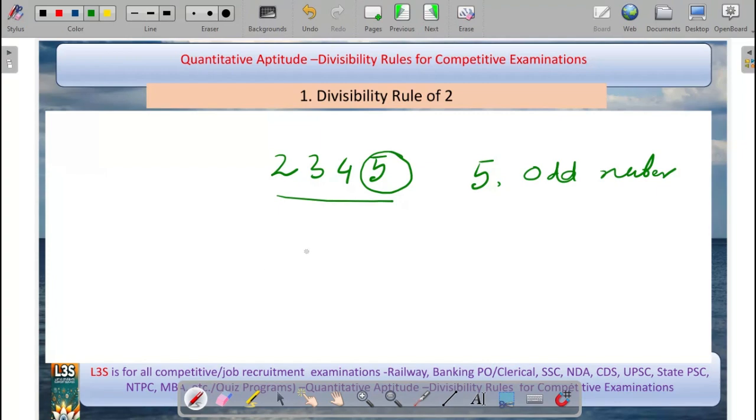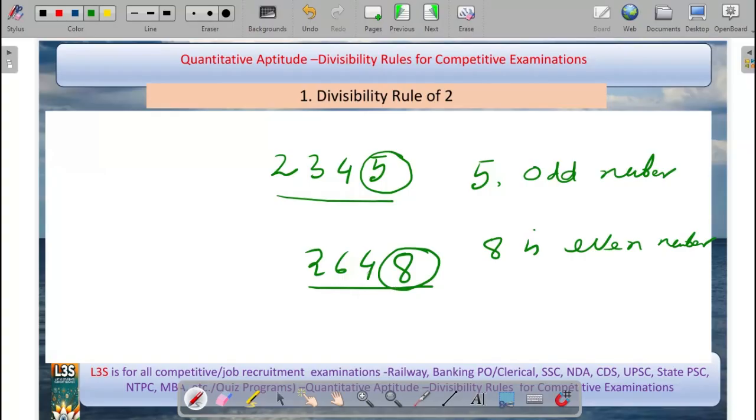Say another number, 2648. In this case, the last digit is 8 and 8 is an even number. So the whole number 2648 is divisible by 2. So this is the rule for divisibility of 2.